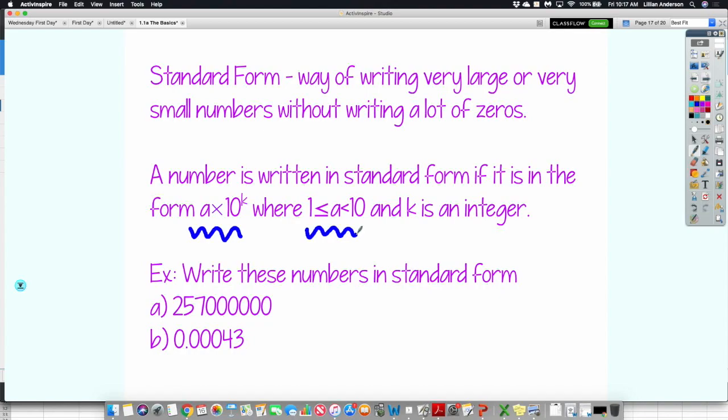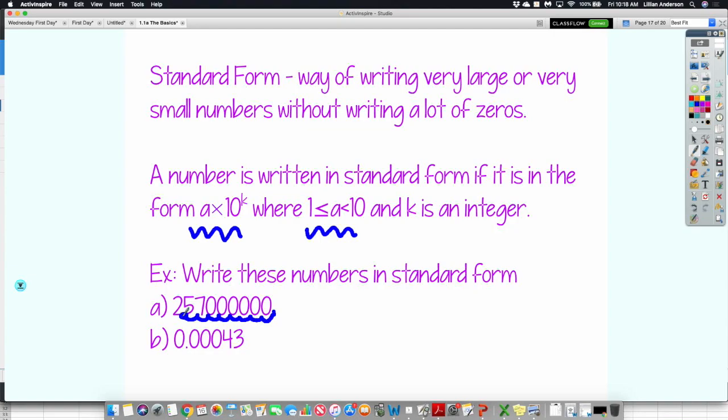When I look at this example of this large number down here for A, where's the decimal? Behind the last zero, okay? So back in the day, you guys used to be like, okay, I just need to count. That's 1, 2, 3, 4, 5, 6, 7, 8.